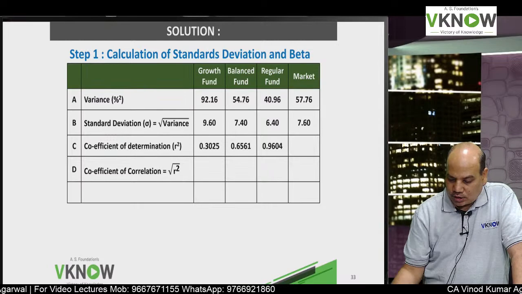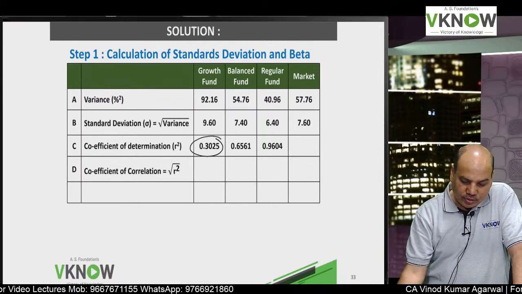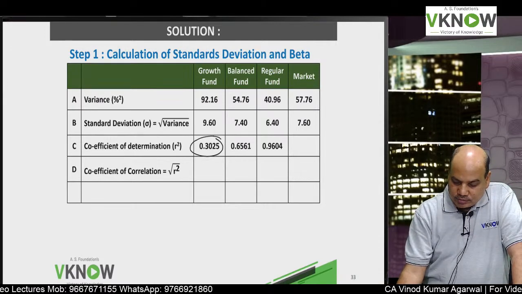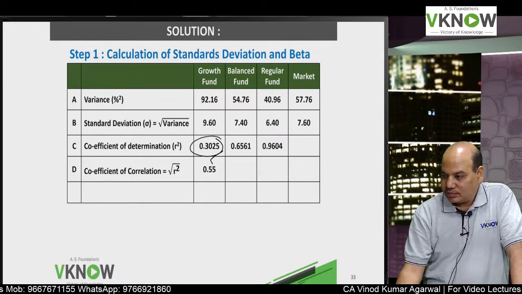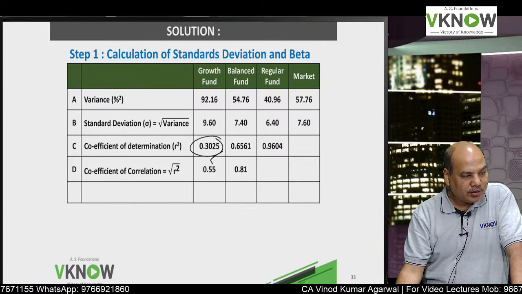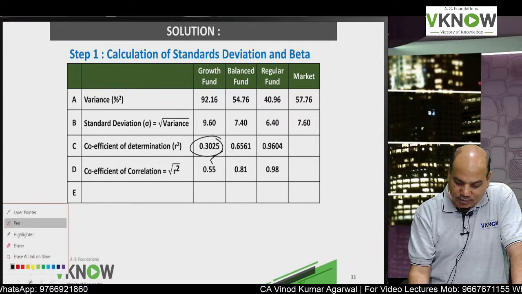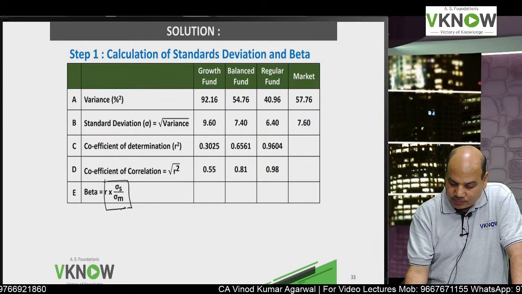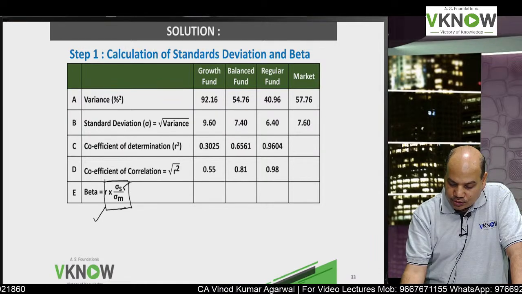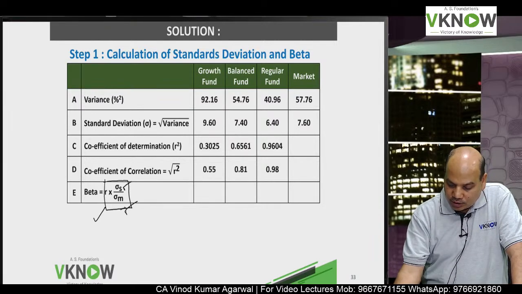Very good. So now you tell me coefficient of correlation, which is under root R square. Again take your calculator. Mr. Dongre, 0.55 is right. Amazing. Next one. 0.81. Next one. 0.98. Now we will compute beta. The formula for beta in this example is R into sigma S upon sigma M. Where is R?